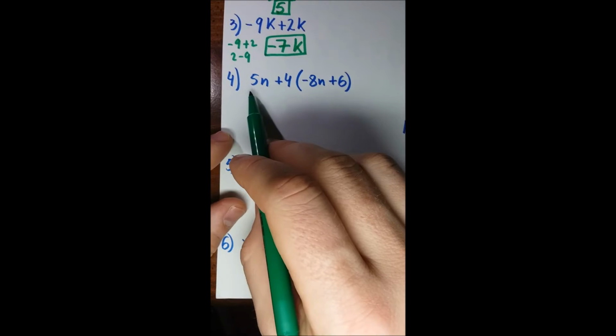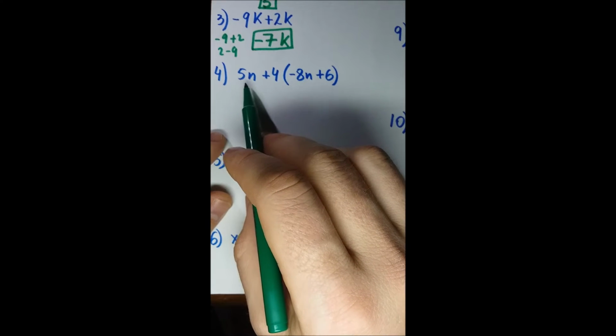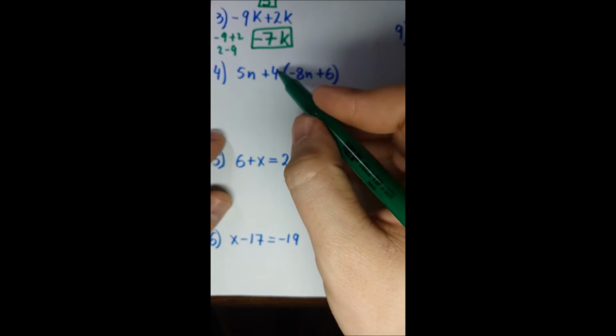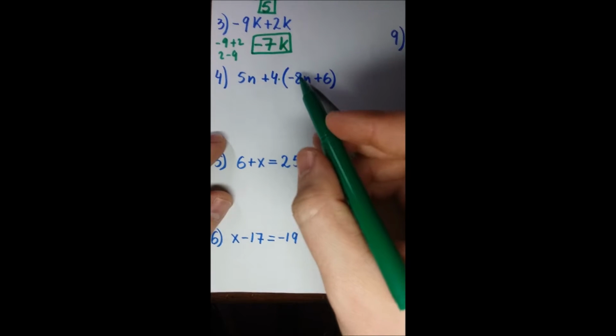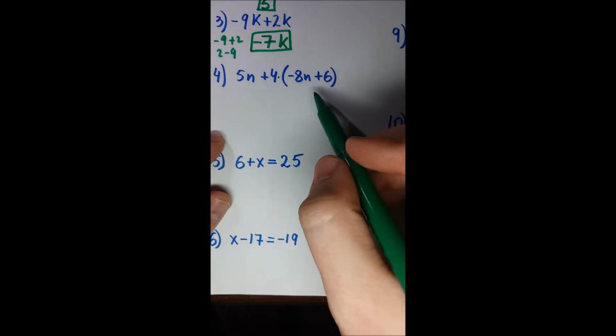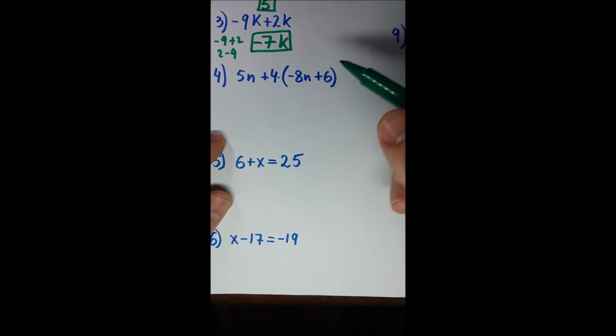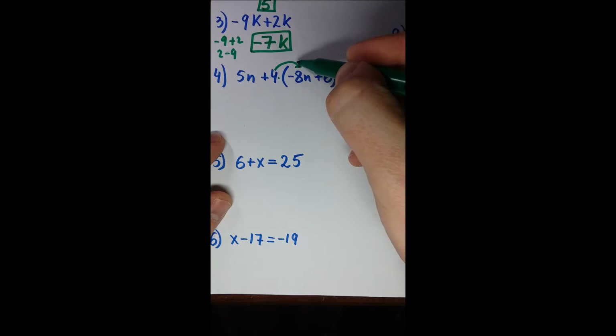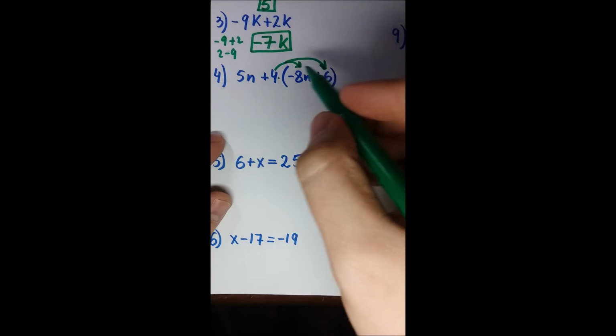Okay, number 4. 5n plus 4 times, there's a little times sign, the parentheses, minus 8n plus 6. You cannot simplify whatever is in parentheses, so you need to distribute the positive 4 into this parenthesis.